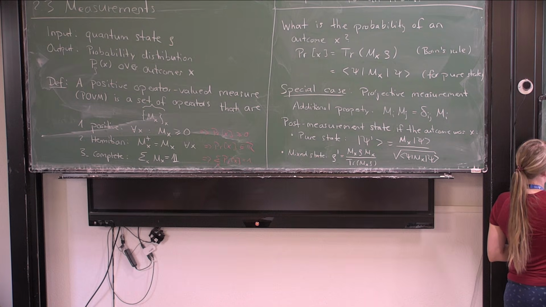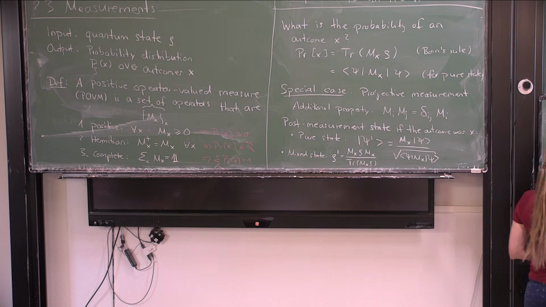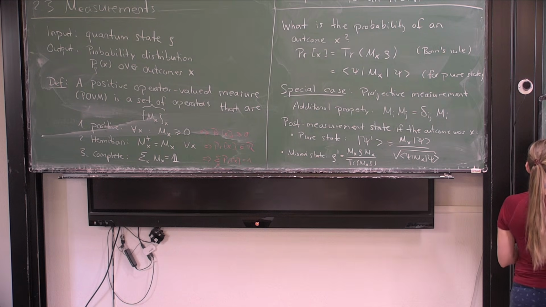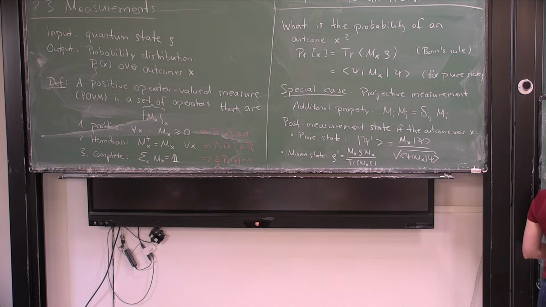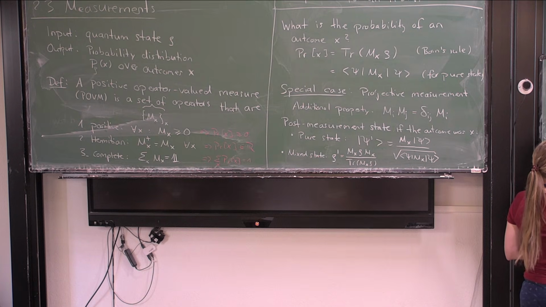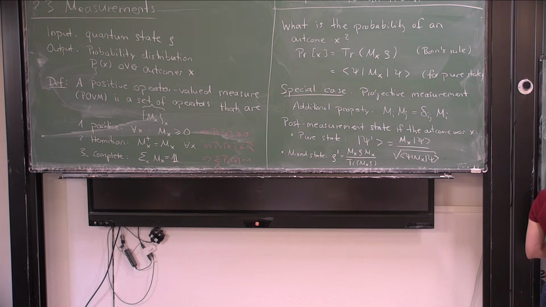So the measurement on the basis p_i is given by the POVM elements M_i, which is: take the ket p_i and the bra.